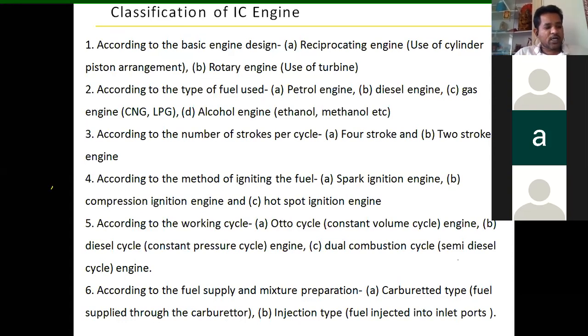What exactly the auto cycle engine, the diesel cycle engine, and the dual combustion cycle engine are, we'll discuss in the coming slides. So these three come under the cycle of combustion.